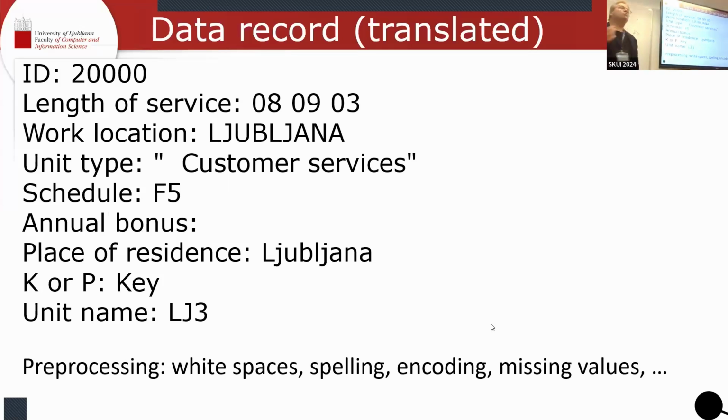And as is usual in real life situations, data was quite messy. It was never meant to be machine processed. So they had things like this. For length of service, or in Slovenian, delovna doba, there were codes like this, and this means 8 years, 9 months, and 3 days.